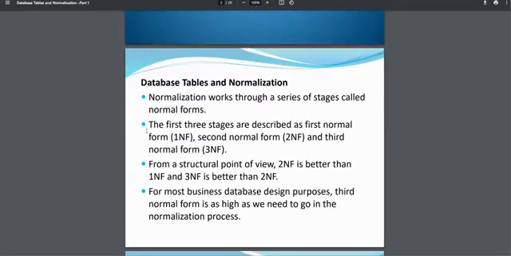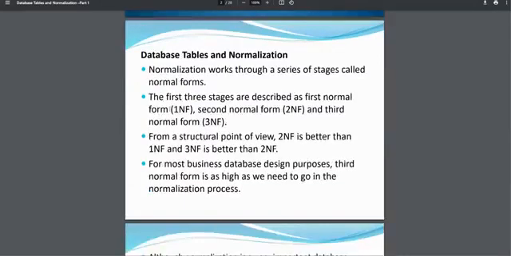We already know what tables in databases are, and the basic initial types of normalization: first normal form, second normal form, and third normal form. The next one is Boyce-Codd normal form, BCNF. So they are considered the initial stages of the normal forms.